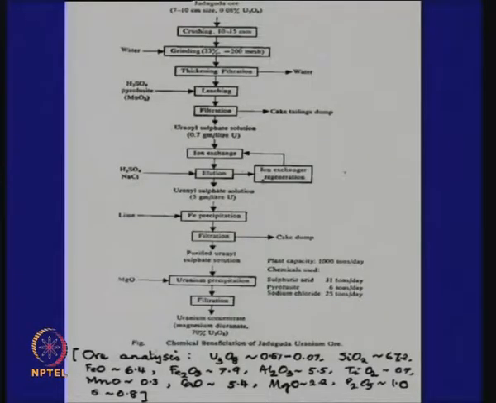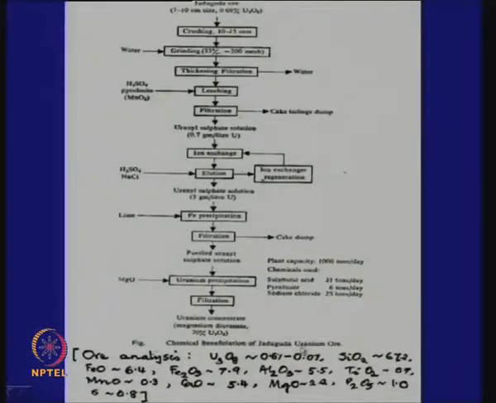Now, I mentioned to you that when you are talking about uranium, we are not talking about an ore like bauxite or hematite, where things are high grade. We are talking about ores where the metallic value percentage is very low.